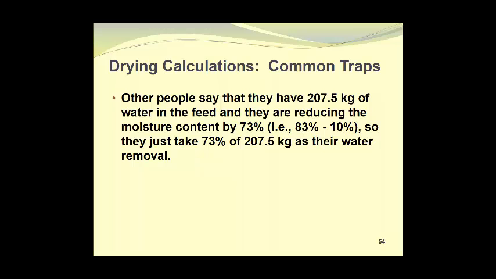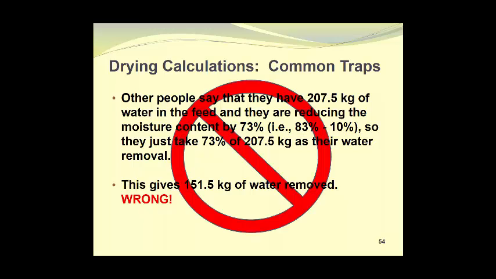So they take 73% of the amount of water present, which is 73% of 207.5 kilograms, and they use this as their amount of water removal. If you use this approach, it gives you 151.5 kilograms of water being removed, which is also totally wrong. So once again, do not fall into this trap.